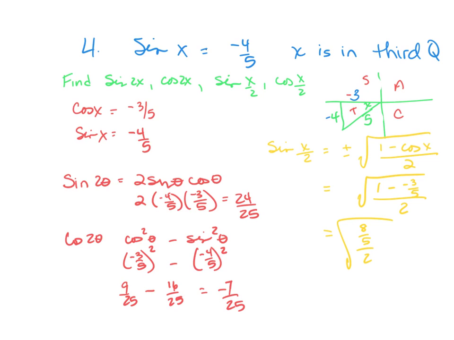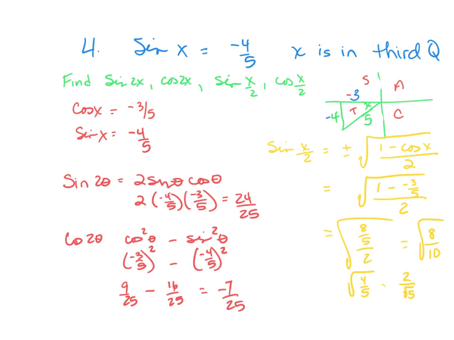Does everybody get that? And dividing by 2 is like multiplying by 1/2. So that's the square root of 8/10, I believe, which is the square root of 4/5, which is 2 over the square root of 5. Everybody follow me there?